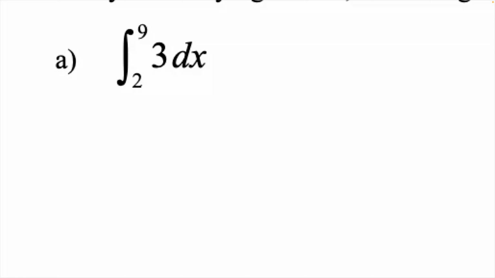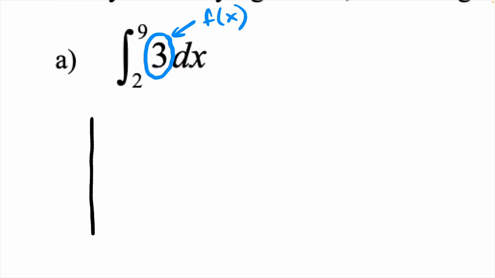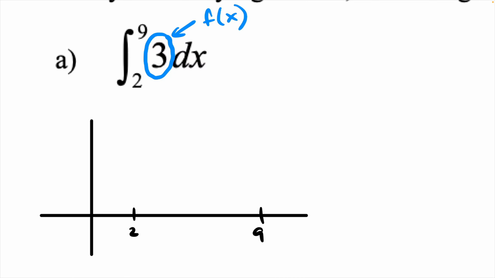I know the bounds go from 2 to 9, right? But what is the function part? Just the 3. That's the function part, right? This guy right here. That's f of x. That's what I'm going to draw a quick sketch of, from positive 2 to positive 9.